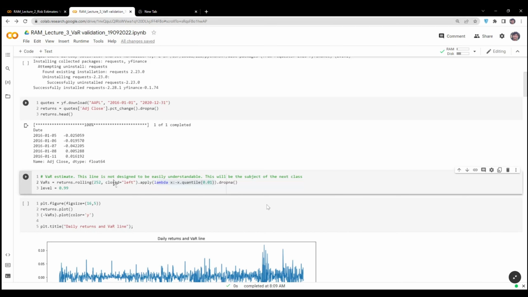The way I'm going to calculate value at risk is implemented in this single line. Everything that you need to understand so far is that this is the empirical calculation of value at risk in a rolling window with a length of 1 year, or 252 trading days.